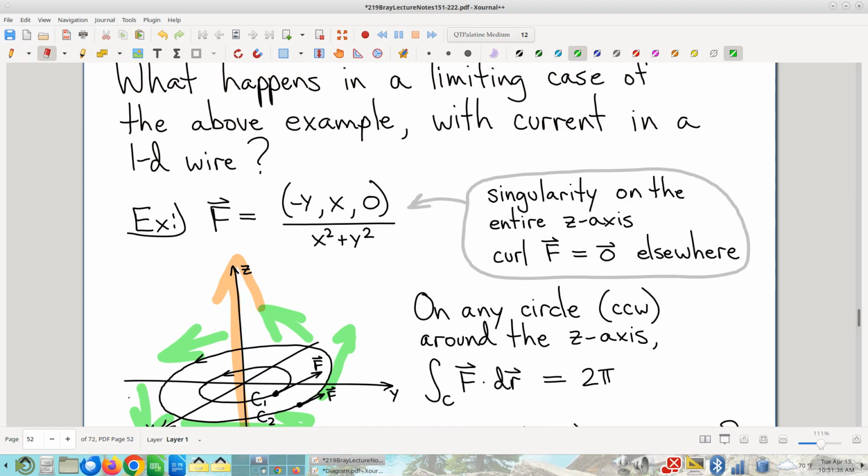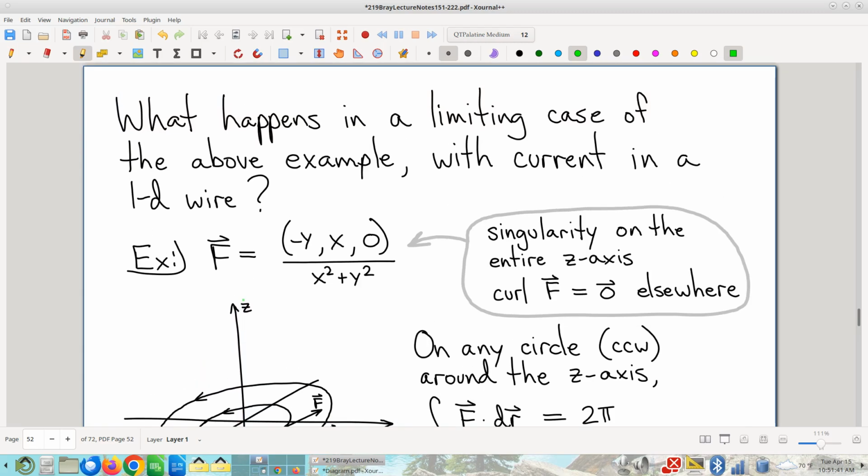So let's consider the limiting case. This wire, maybe it's 20 gauge, 28 gauge, whatever, depending on how thick or how thin, is going to have a certain amount of thickness, however little. Now imagine that wire gets thinner and thinner, and in the limit, what happens?